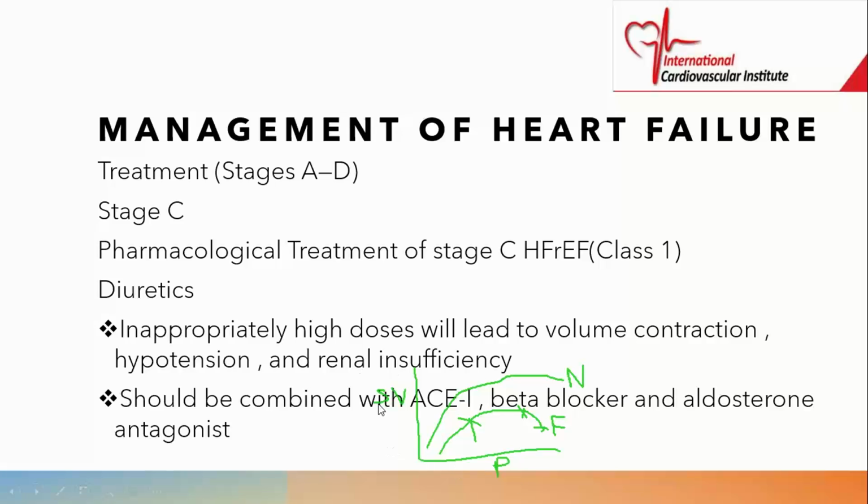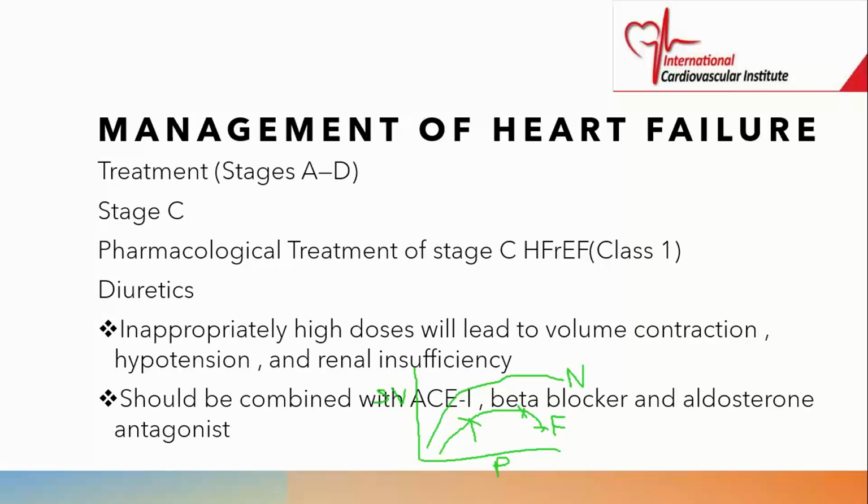In the same breath, inappropriately high doses can also lead to volume contraction. If you remove too much fluid, the patient will become hypotensive and can develop renal insufficiency. So once you have these patients on diuretics, especially the loop diuretics, you should be very aggressive with monitoring.